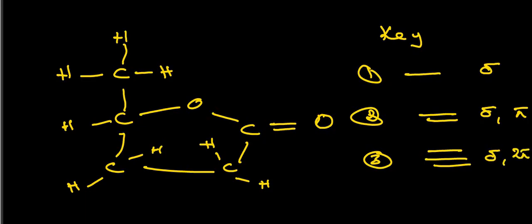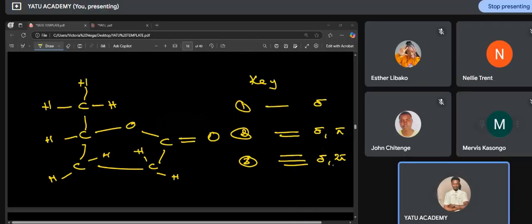So now look at this, John. How many pi bonds are you able to see here?